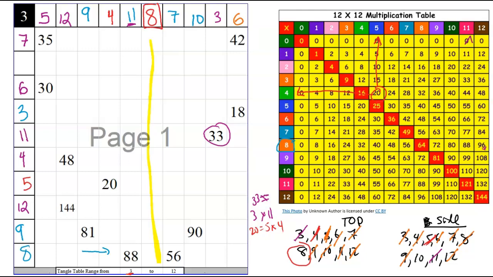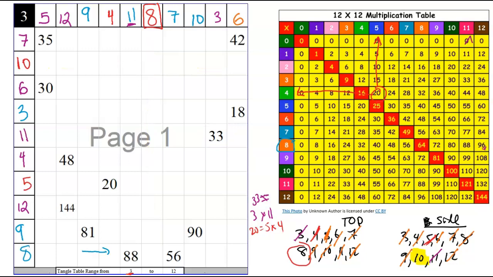Now, the row that was left over is this one right here. What's left over on our side? The number 10. Again, there's nothing in this row that's going to tell us that it's the number 10, so again, sleuthing skills. We have all of the numbers. It's called a tangle table because your multiplication table is all tangled up. It's remixed. It's in a different order, so to speak.